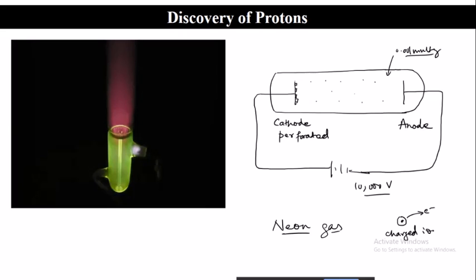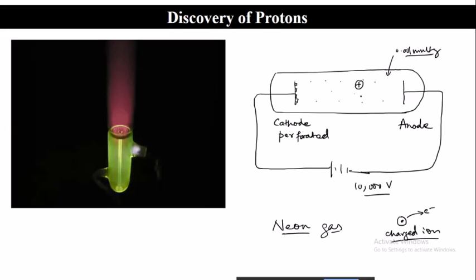A charged ion. What kind of charge will you get on that ion? Electron is removed, so you will get a positive charge.